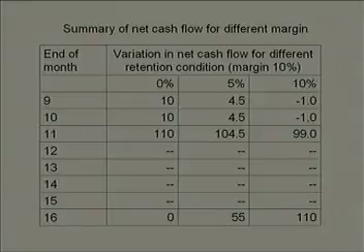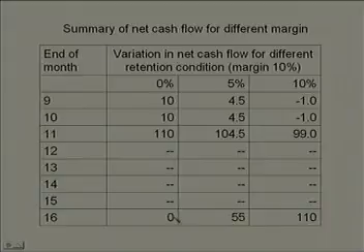Even for 5% retention, happy situation continues, but it is not as happy as when there was 0% retention. But when it comes to 10% retention, the situation is still the same. We have a negative cash flow for month 9 and for month 10 as well.